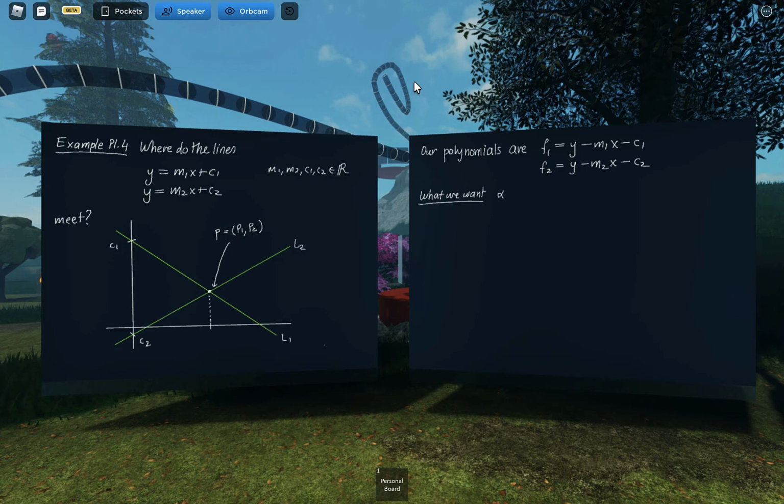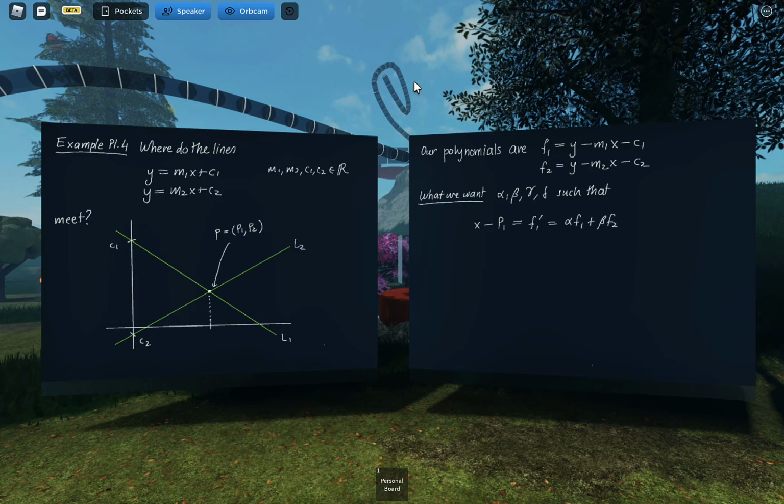We want to choose alpha, beta, gamma, and delta such that, well, we're not going to have just x like we did in the previous example, or some multiple of x. It's going to be x minus some constant, but that's okay. So we want to choose alpha, beta, gamma, and delta such that this holds.